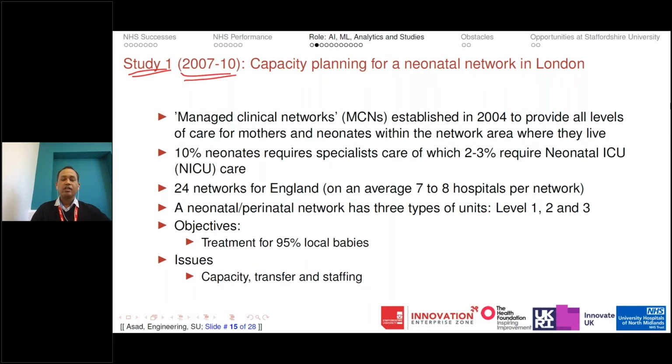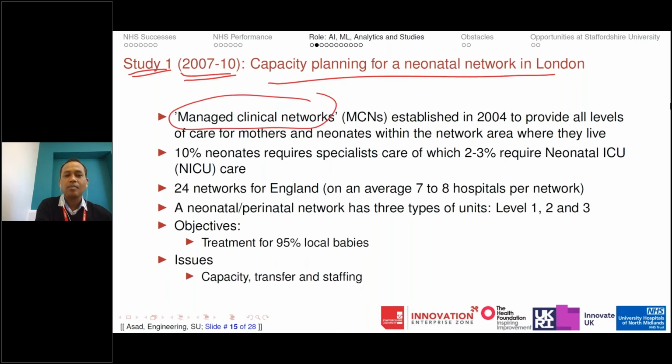This case study was my project when I was a PhD student: capacity planning of a neonatal network in London. Let's talk about some aspects of neonatal care in the UK.